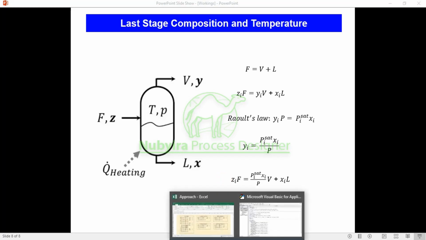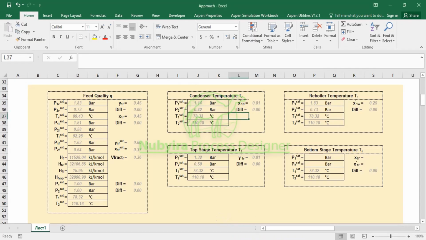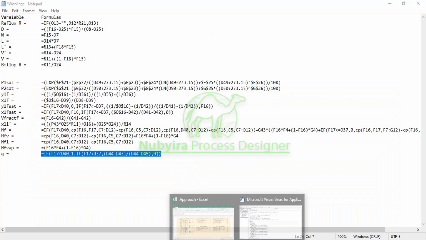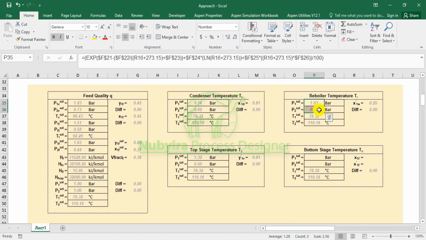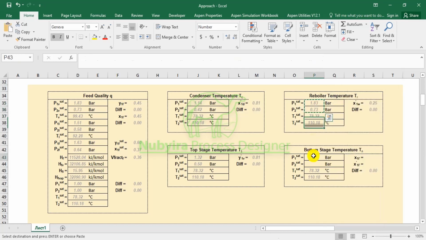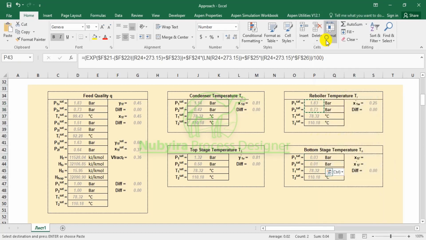So that's the idea. For this equation, let's just copy this formula first.